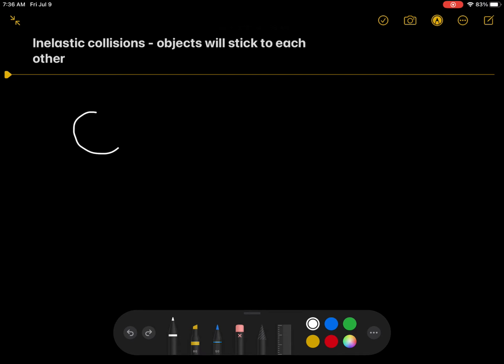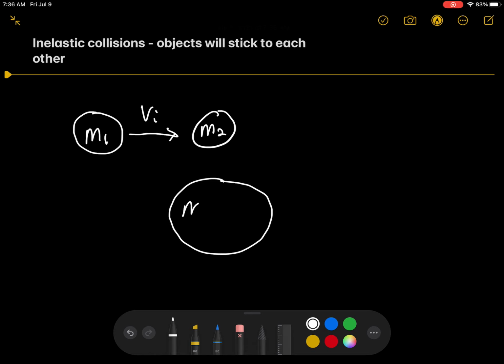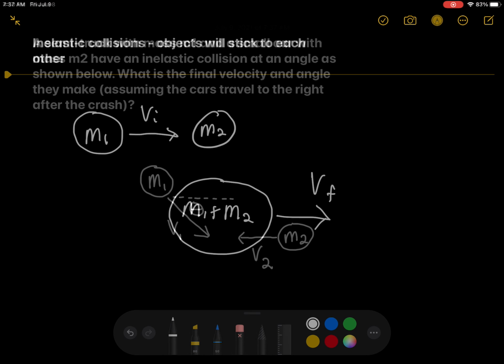And what I mean by that is if I have some mass m1 colliding with some other mass m2 with some initial velocity, once these two collide, we're just going to have a big old ball of m1 plus m2 going at some final velocity. And we would use the conservation of momentum to solve this. And of course m2 can have some velocity, but for this simple example, we're just going to say it's stationary.